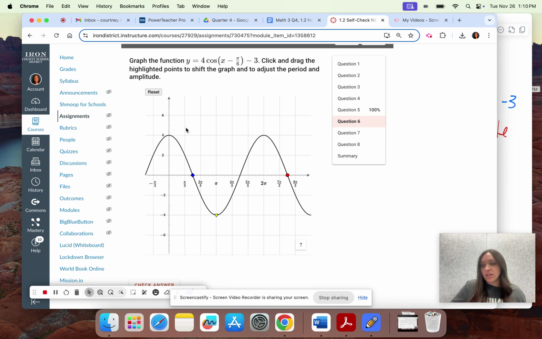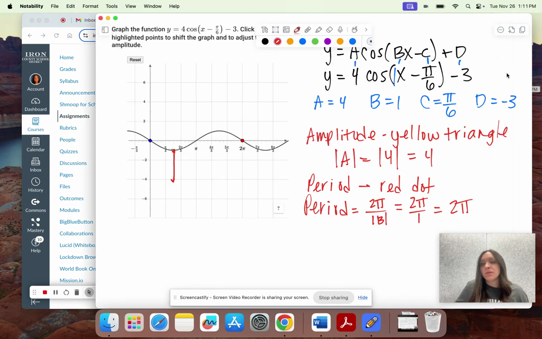So on cosine, I like to look at the top. That top hump is at 0, and this top is at 2 pi. So the distance between the cycle is actually 2 pi. If you subtract those points, 5 pi halves minus pi halves, you will get 2 pi. Just know if b is 1, you don't have to move anything.